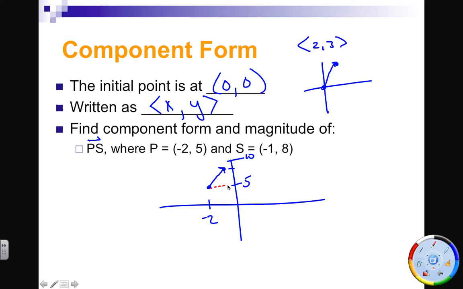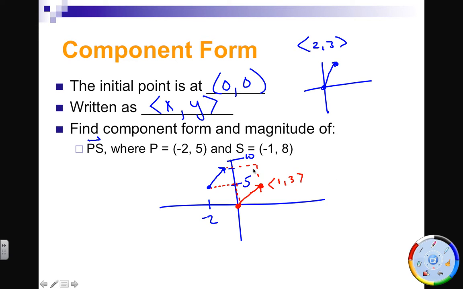So I need to move it to the right 2 and down 5. So I have to add 2 and go down 5. Well, I would have to add 2 and go down 5 as well for that new point. Adding 2 is going to be 1, and going down 5 is going to be 3. So that means this vector is the vector 1, comma 3.